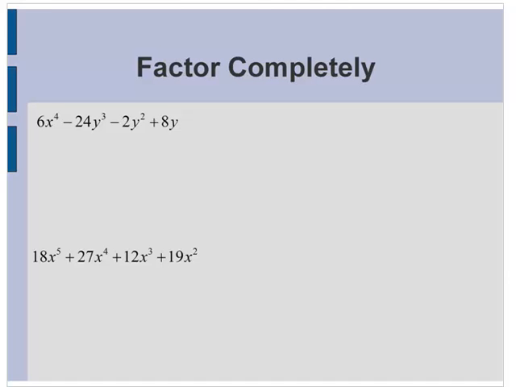All right, now I just noticed a typo on this first one here. This shouldn't be a 6x squared, but it should be a 6y to the 4th here. All right, so I'll do this first one. Now it says factor completely. And remember the first step, what's the first step? Is there a common factor?